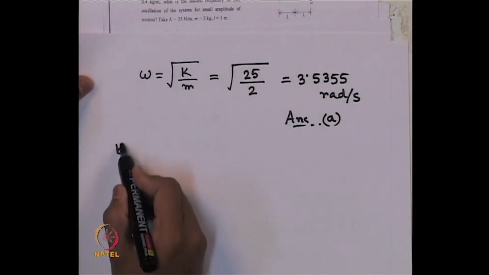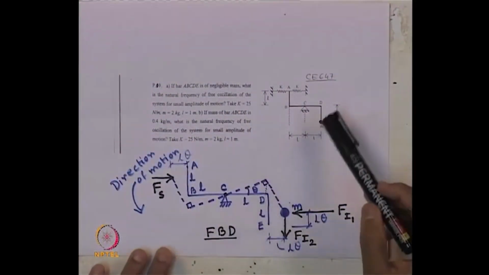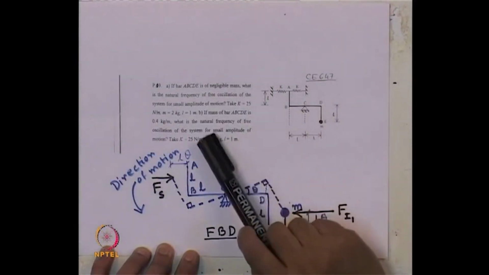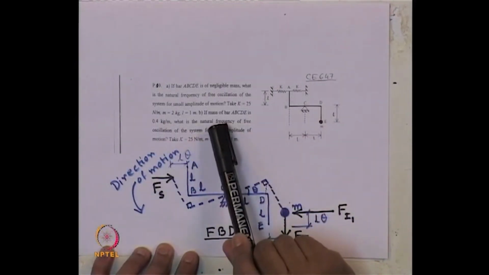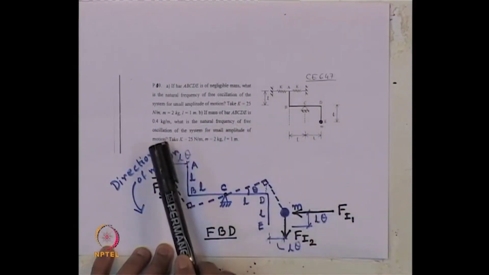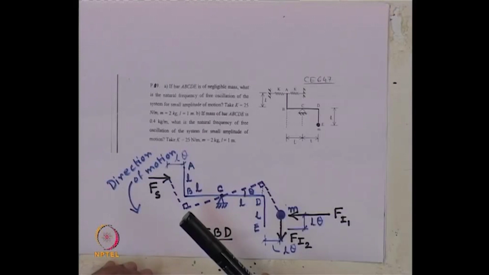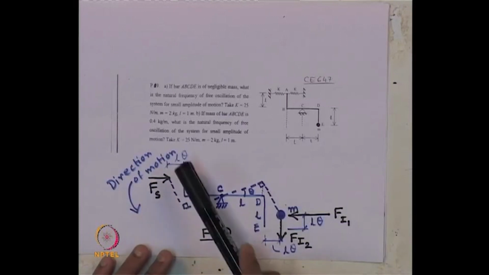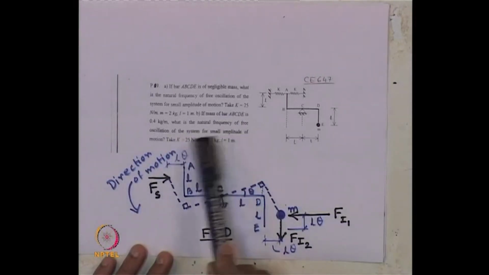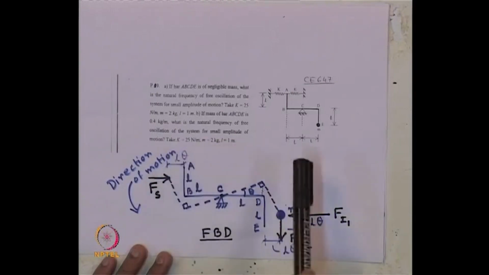Now let us go to the next part of the problem, part B. Let us come back to this figure again. Part B says: if the mass of the bar A, B, C, D, E is 0.4 kg per meter, that is, the uniform mass of the bar is given per meter length, what is the natural frequency of free oscillation of the system for small amplitude of motion?